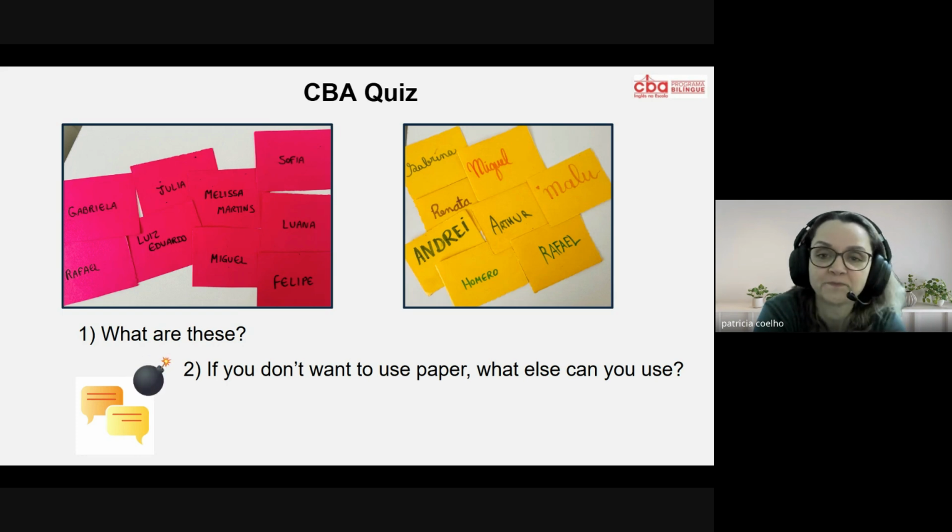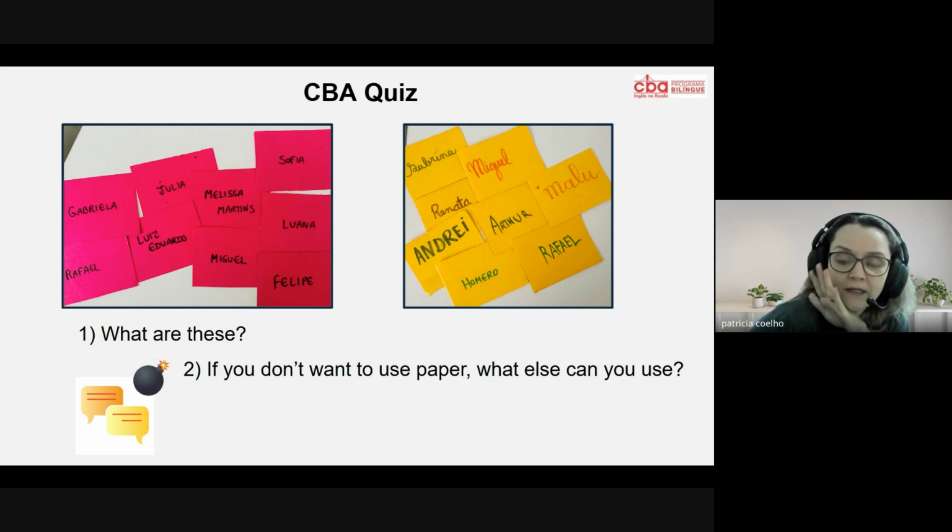Chat bomb. Popsicle sticks. Bianca said she uses her board. Okay, Bianca, tell us later how you use it, okay? But everybody else said sticks, popsicle sticks.